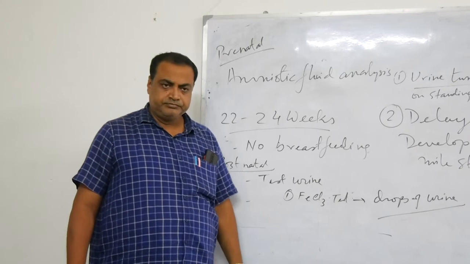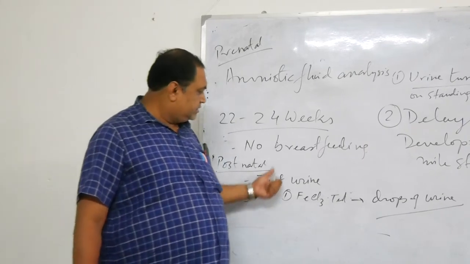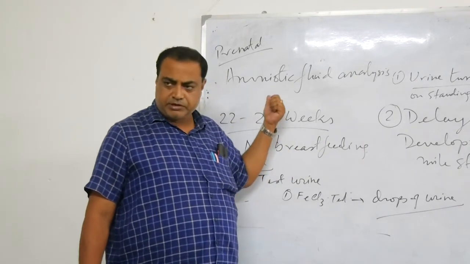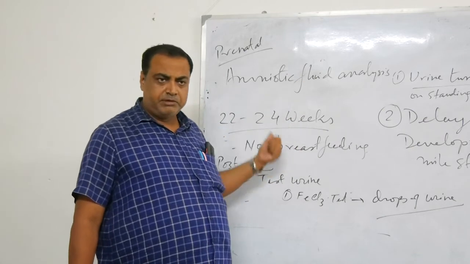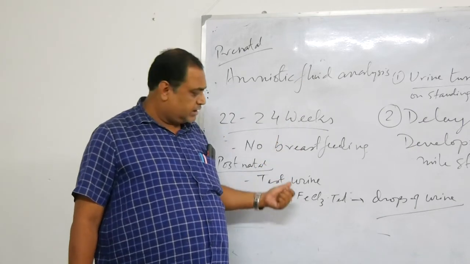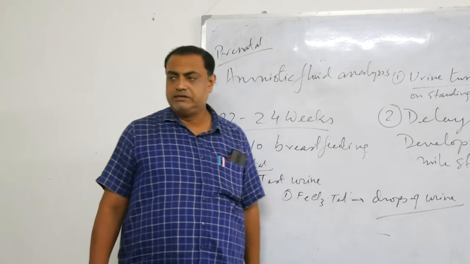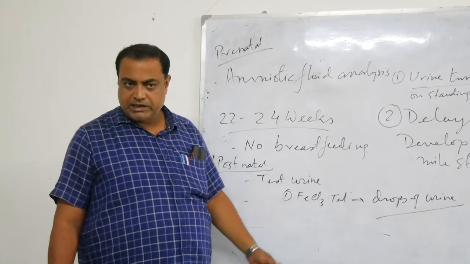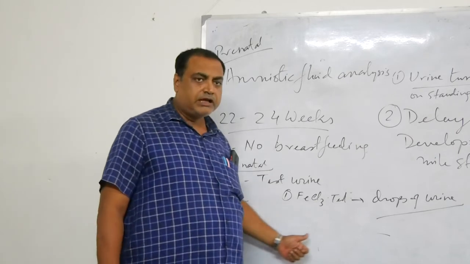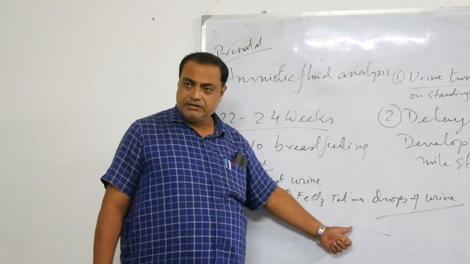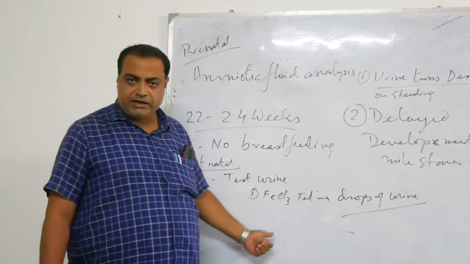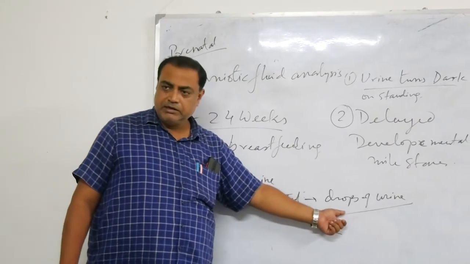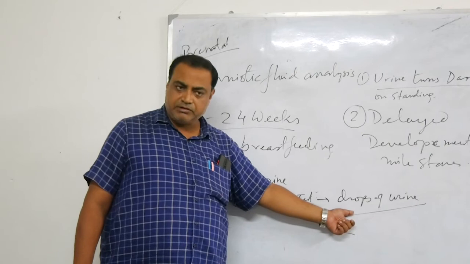These phenylketones, the products formed from the abnormal pathway of phenylalanine, are actually reducing in nature, just like sugar. So if the baby does not have diabetes, there is a possibility that phenylketones will reduce the freshly prepared ferric solution.